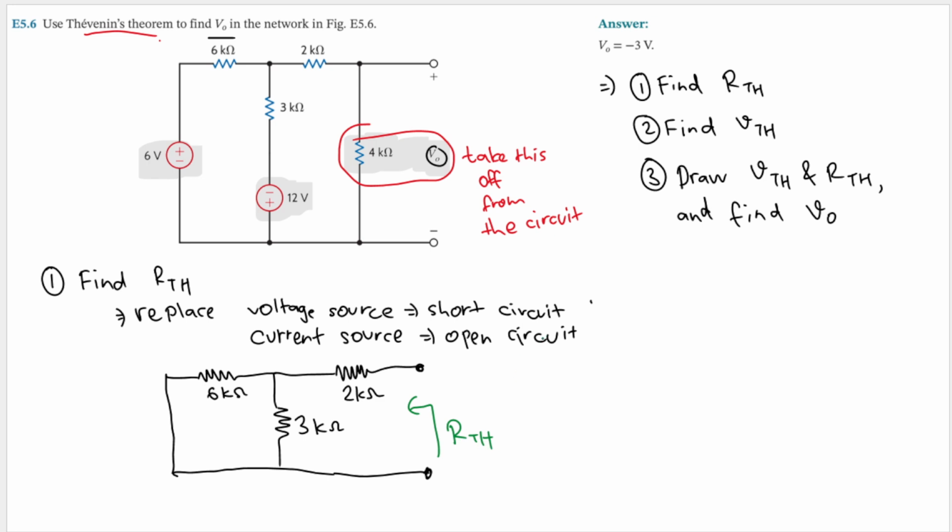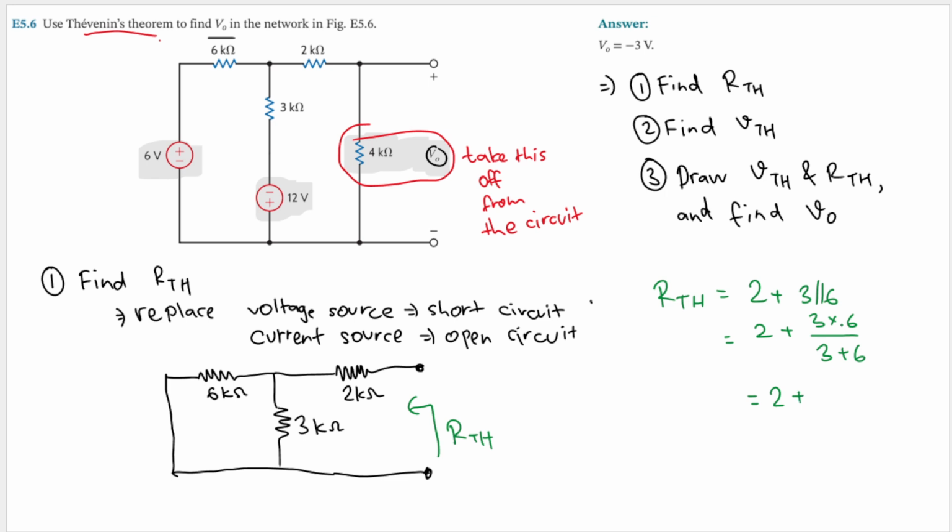And how to find the RTH? RTH, or the Thevenin resistance, is equal to this 2 kilo ohm in series with 3 parallel with 6. Let's change that to mathematical notation. So we have 2 plus 3 times 6 divided by 3 plus 6.